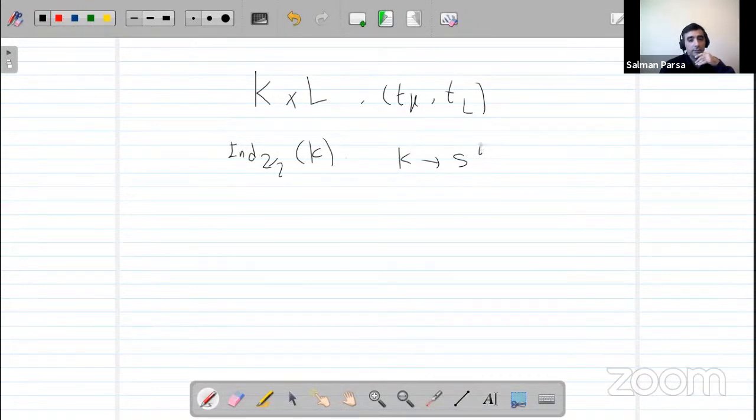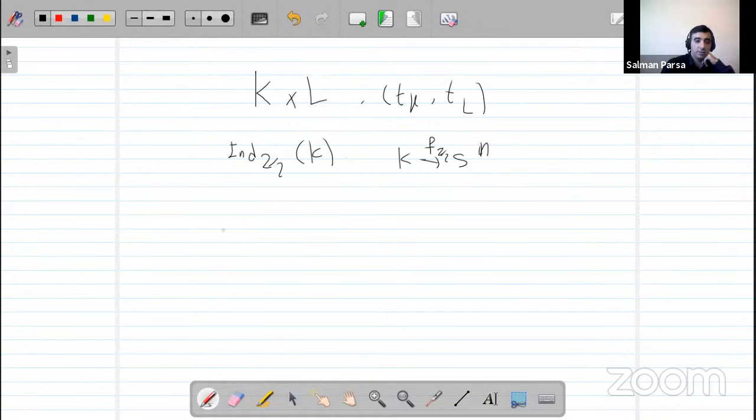Because there is a map into S infinity, there is always some N. So you can always map a complex into S infinity. Now the smallest dimension that you can actually map into is called the Z2 index. Sorry, not embed, any equivariant map.